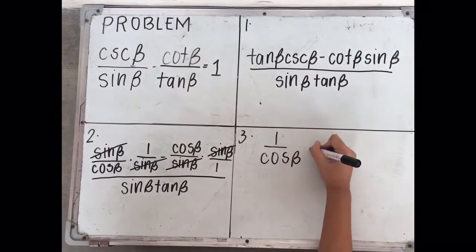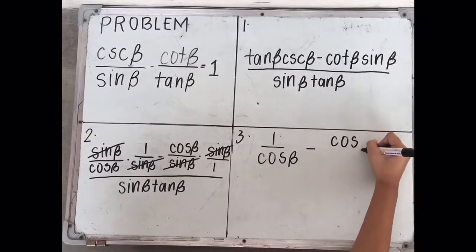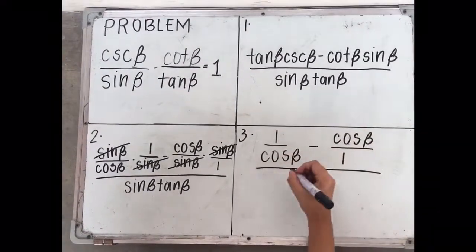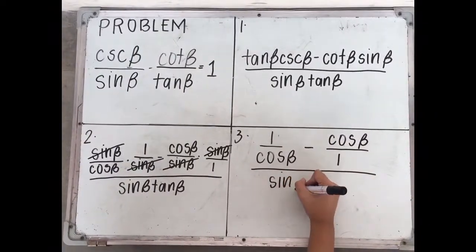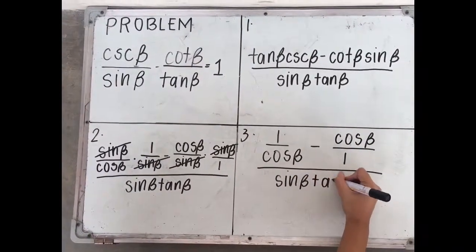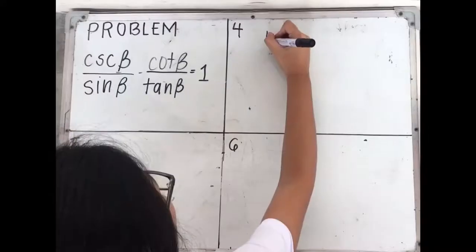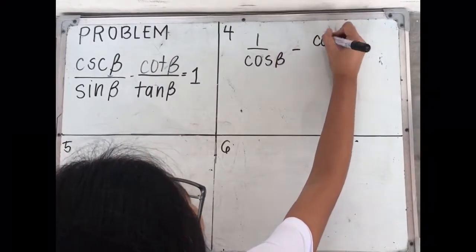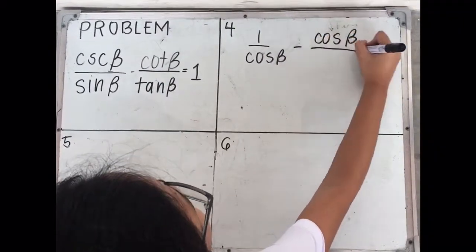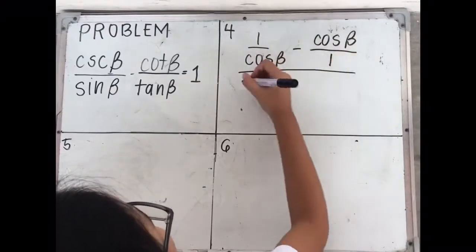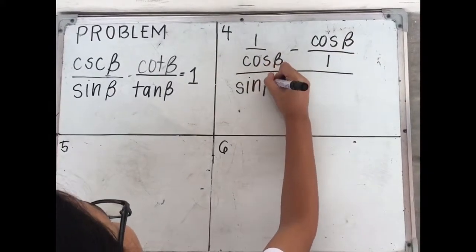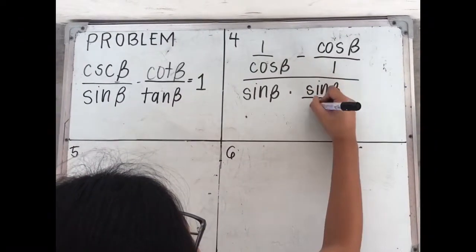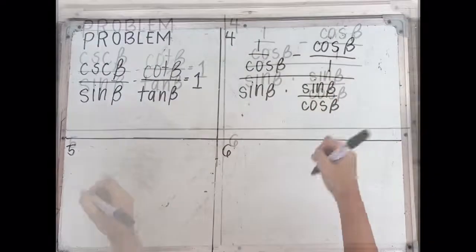So 1 over cosine beta minus cosine beta over 1 over sine beta and tangent beta. Fourth, we have 1 over cosine beta minus cosine beta over 1 over sine beta times sine beta over cosine beta.